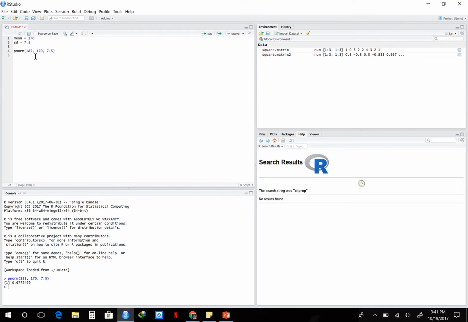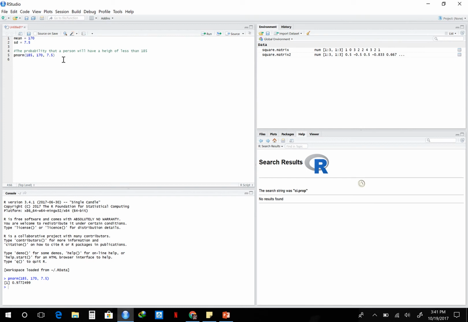So I'll type it in: the probability that a person will have a height of less than 185. So it will be below 185.